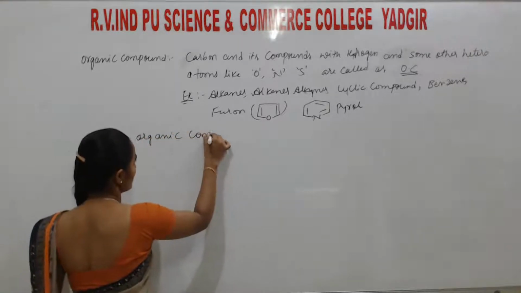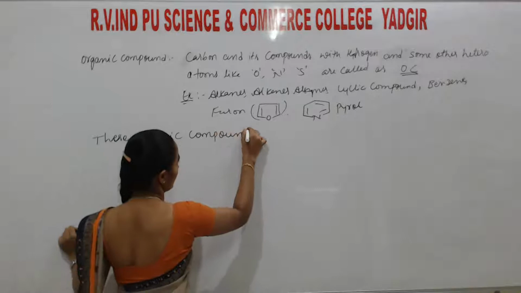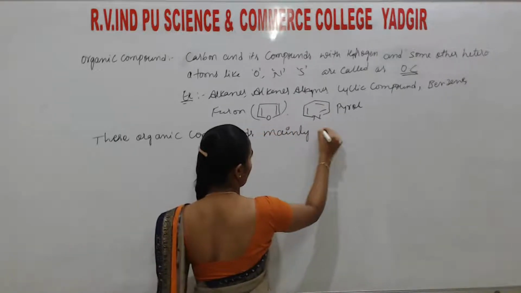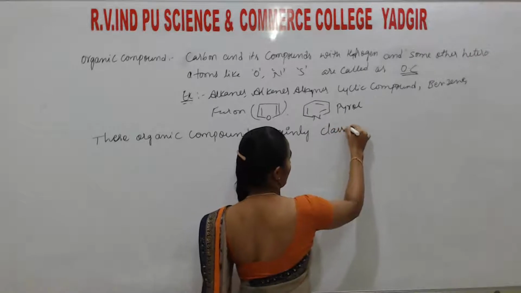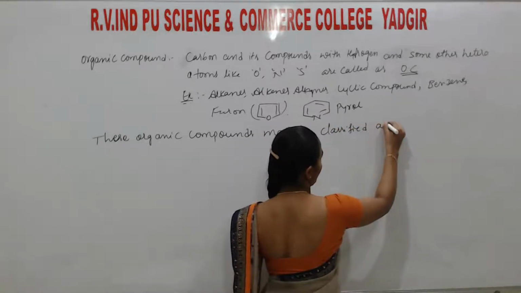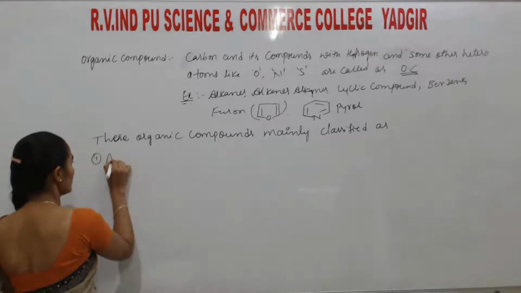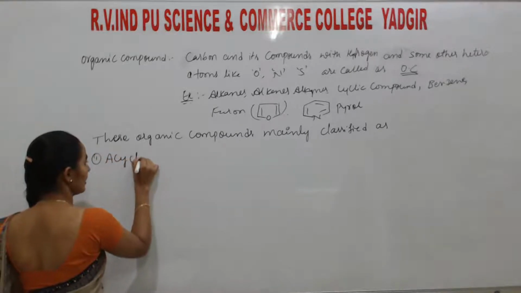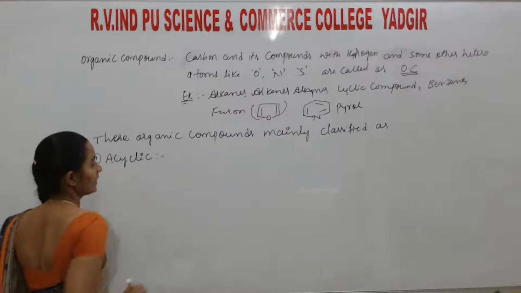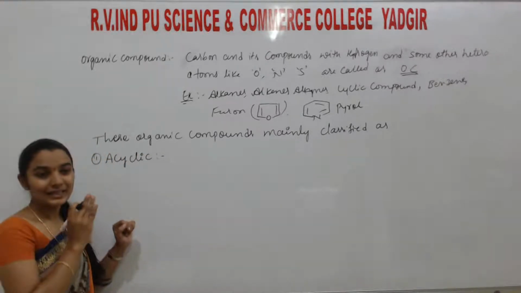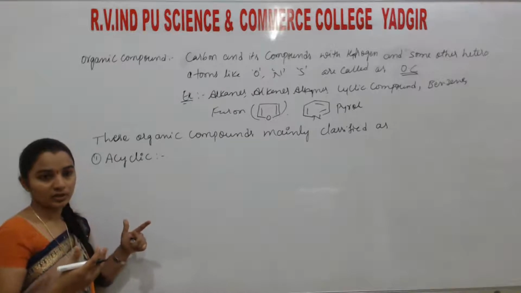Next, organic compounds are mainly classified as follows. The first one is acyclic. Acyclic means there is no cyclic structure, no closed structure.